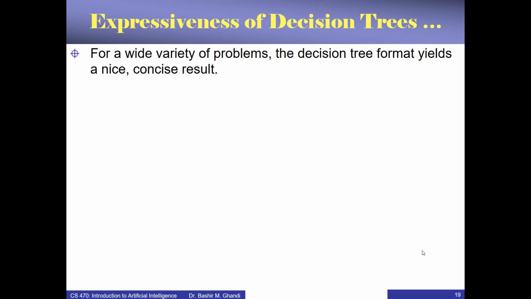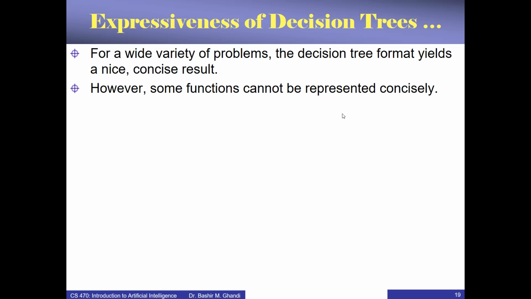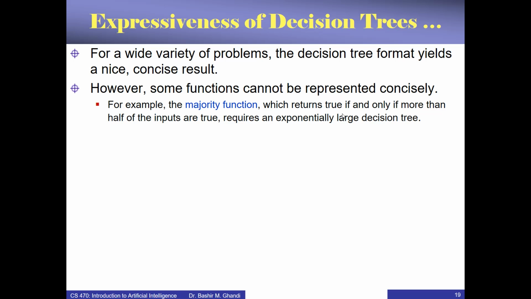Now, for a wide variety of problems, the decision tree format will yield a nice, concise result. So it's very much applicable. However, some functions cannot be represented concisely using decision trees. So it means it works for some problems, but it doesn't work for some others.